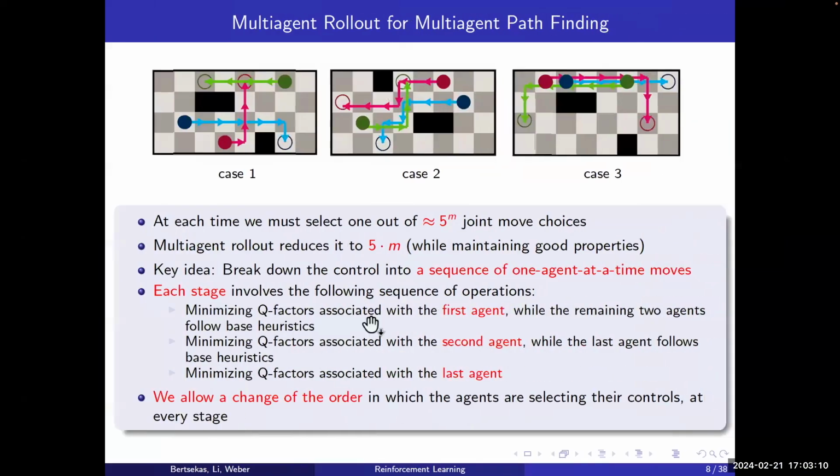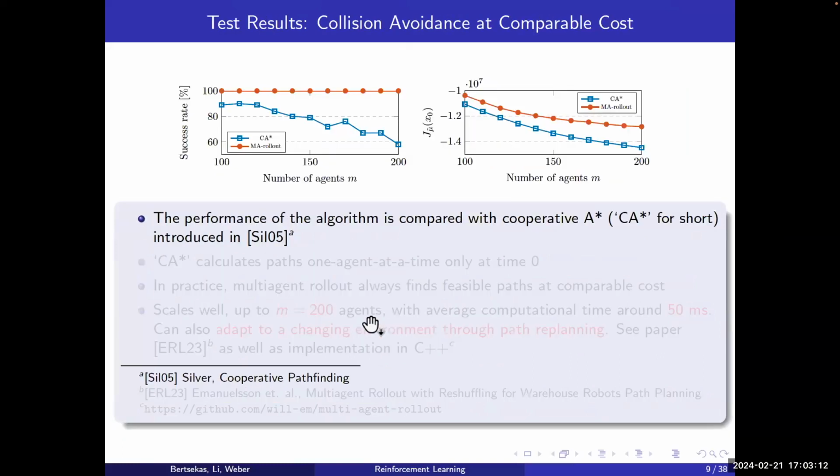So let's get back to the slides. And actually, we performed tests of the algorithm and compared it with cooperative A star, introduced in David Silver's article in 2005.